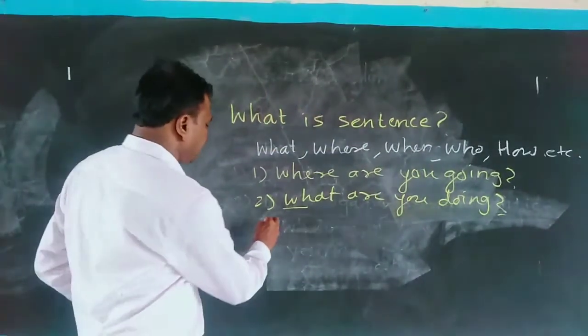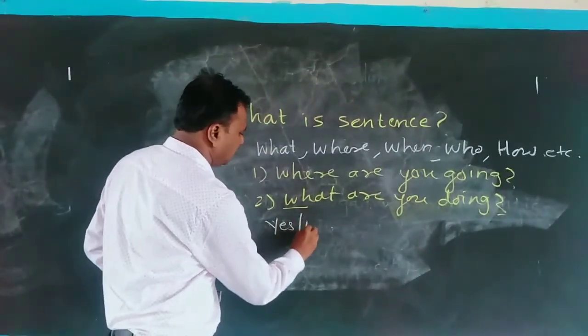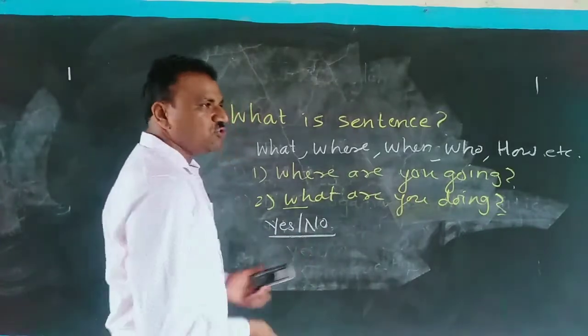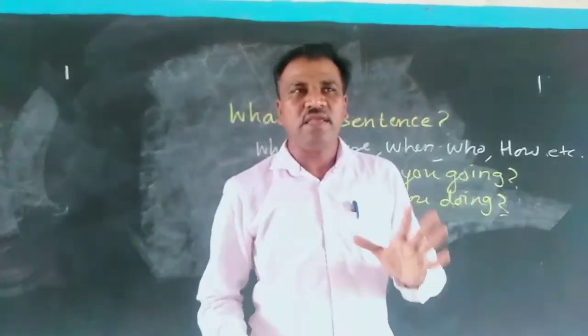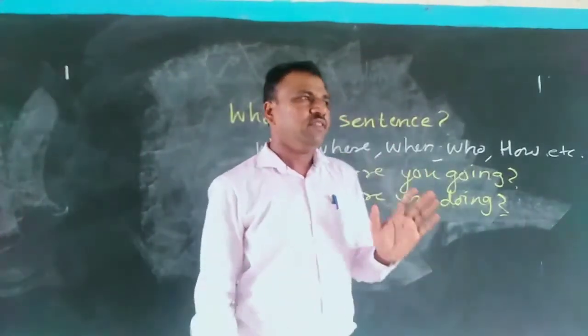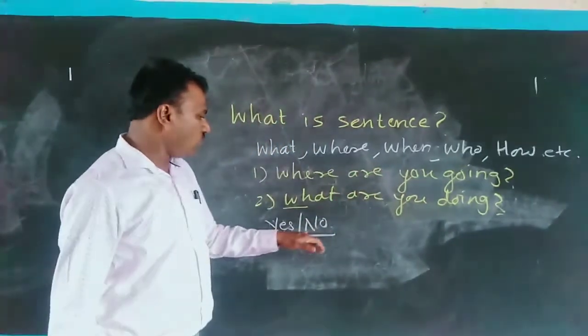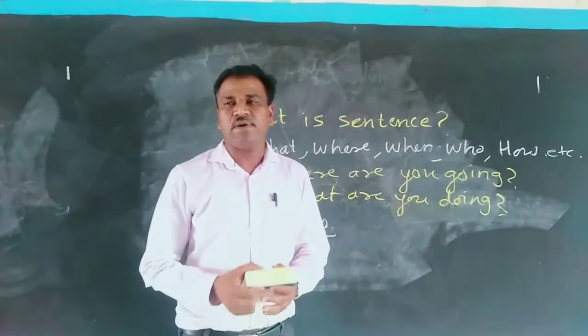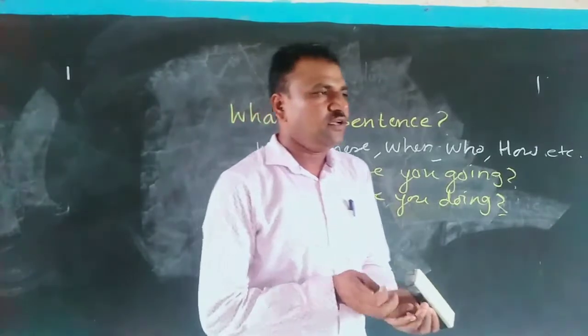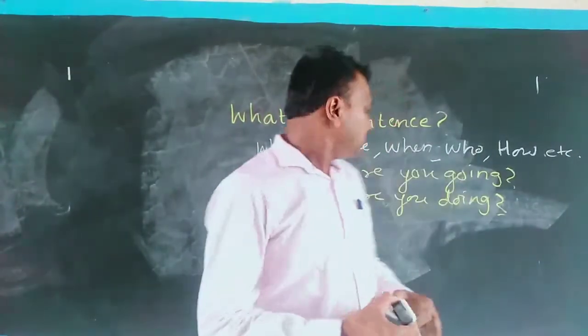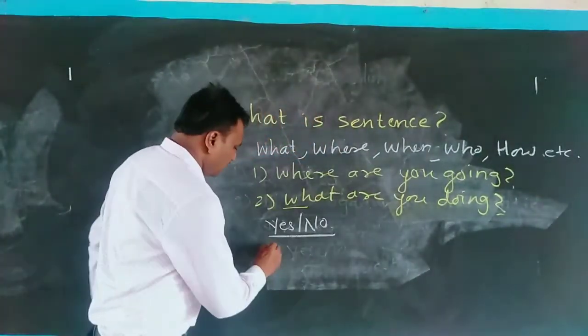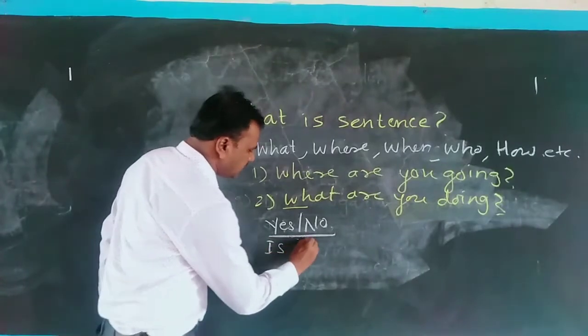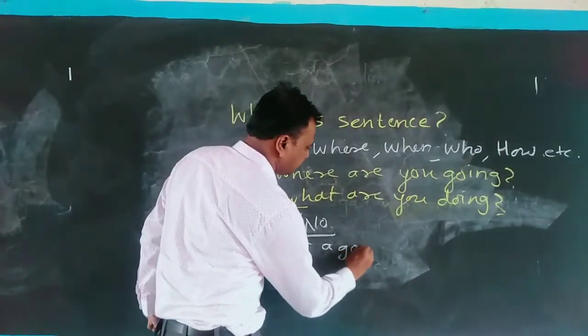The second is the yes-no type. Yes-no type means the answer should be only yes or no. For example, if you ask your friend, is it a good place?